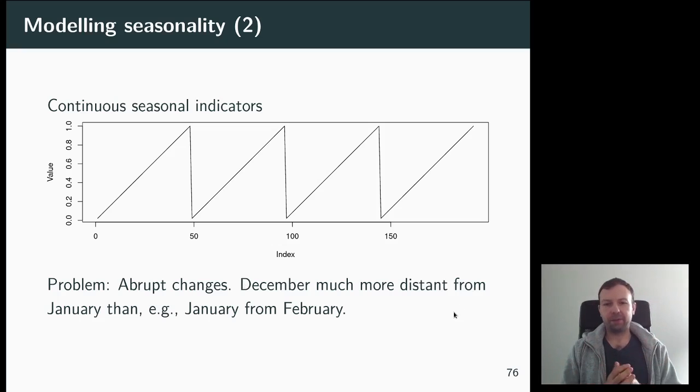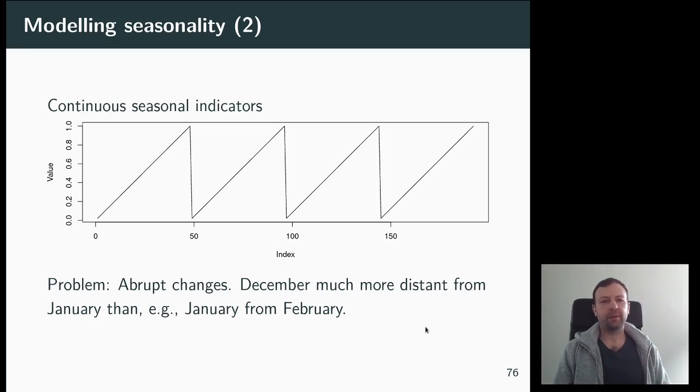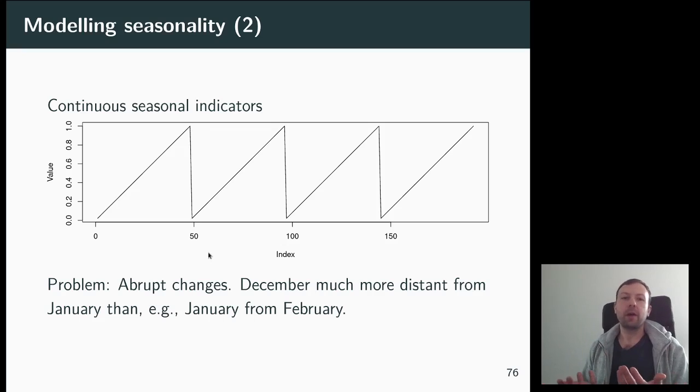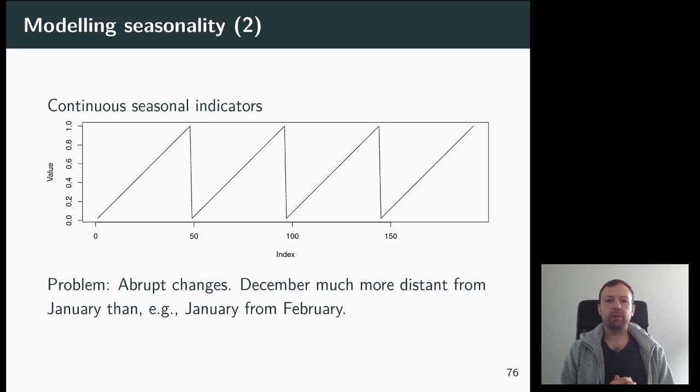For example, if this was a yearly seasonality, you jump from December to January. So January to February has a distance of 1, February to March has a distance of 1, and then December back to January has actually a distance of 7, which is not true in the real world. In the real world, December is from January just as far away as January is from February.